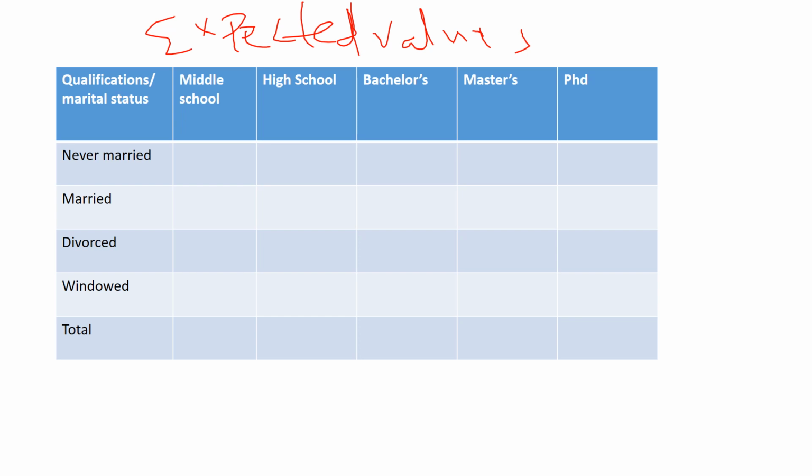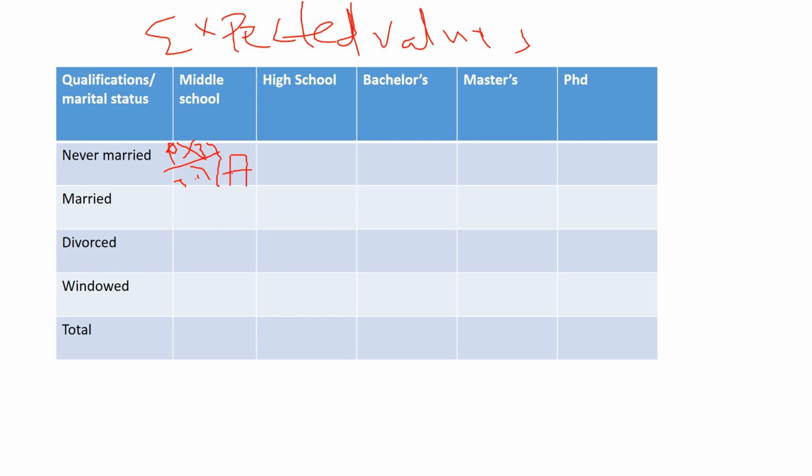For example, for the never married, where we have 18, we multiply the total of that row, which is 90, by the total of that column, which is 39, divided by the total of the observations, which was 300, and here we get 11.7.